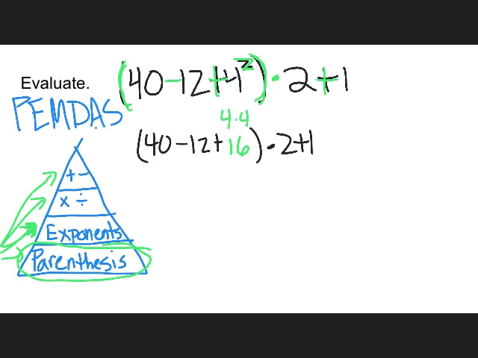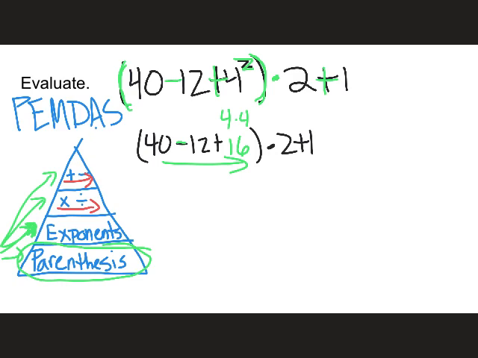Okay, now we're still doing the parentheses. So now I have a subtraction and an addition. Well, whenever you're faced with two things that are the same layer, you always go from left to right. So we're going to do the subtraction first and then the addition, because this one's first in the way this equation is written.